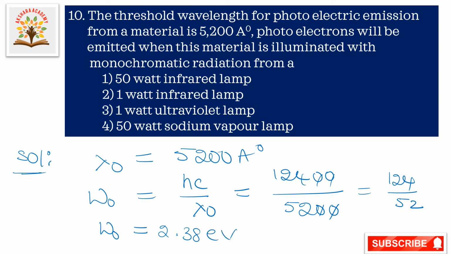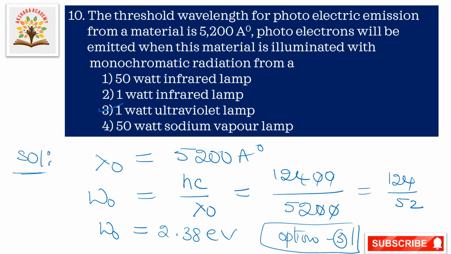For ejection of electrons, the incident ray should have more than 2.38 electron volts. So ultraviolet rays have energy greater than 2.38 electron volts. So option 3 is correct. Which option is correct? Option 3 is the correct answer. Why?